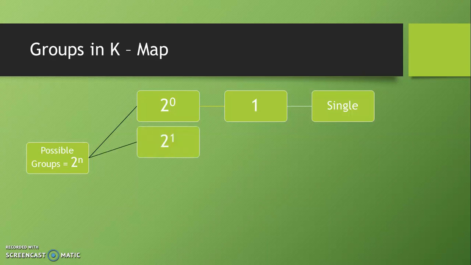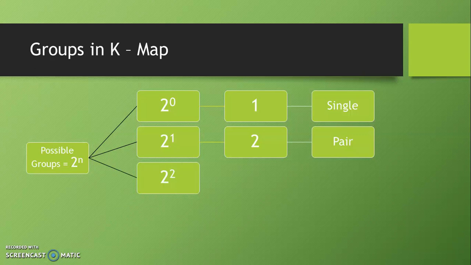If we take 2 raised to power 1, it is equal to 2 and it is known as a pair. We can make a group of 2 minterms either horizontally or vertically, but a diagonal pair is not allowed.